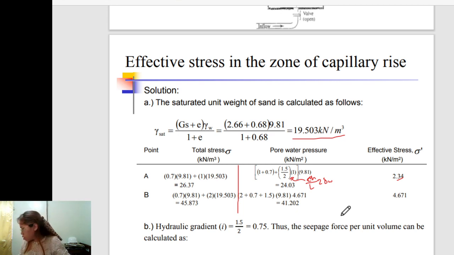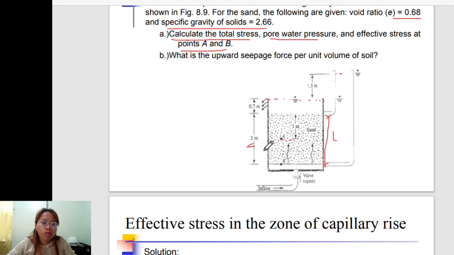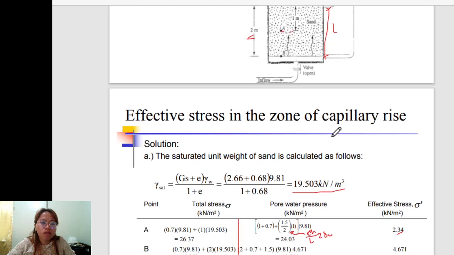For the pore pressure at point B, we have 2 plus 0.7 plus 1.5, times 2, times 9.81.